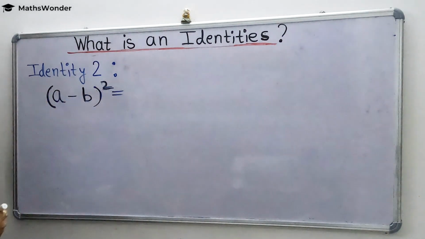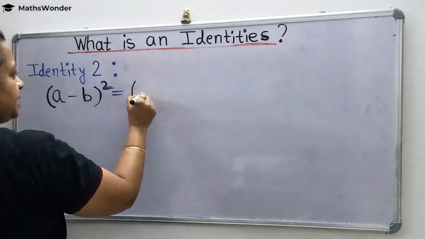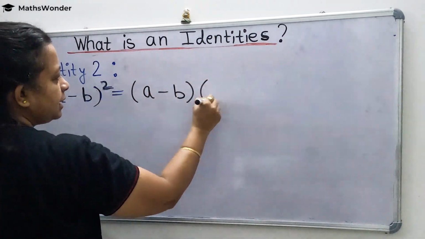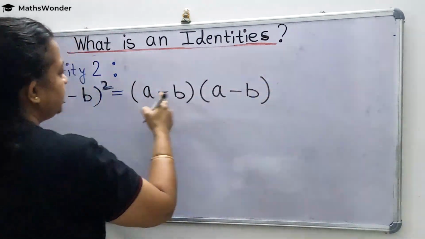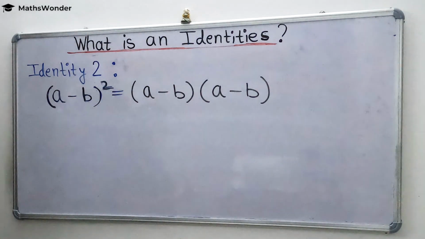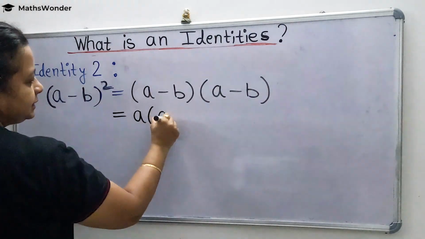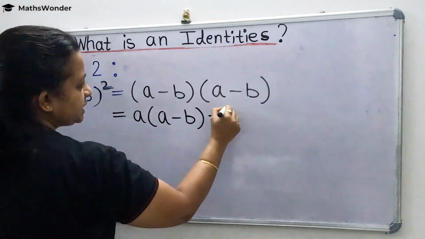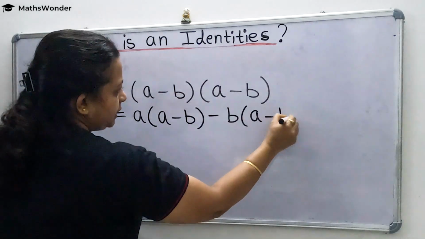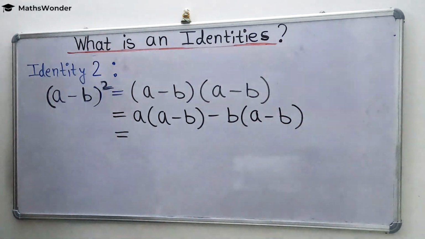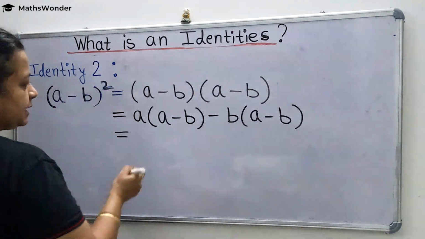What does this mean? It means (a - b) times (a - b), because here is the square sign. Square means you write it twice, and we will do the same as the previous one. Which property are we using here? The distributive property, correct. Now solve it.